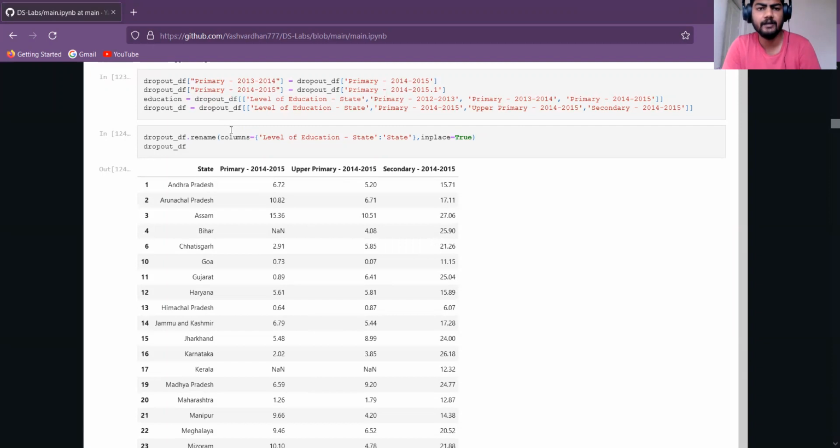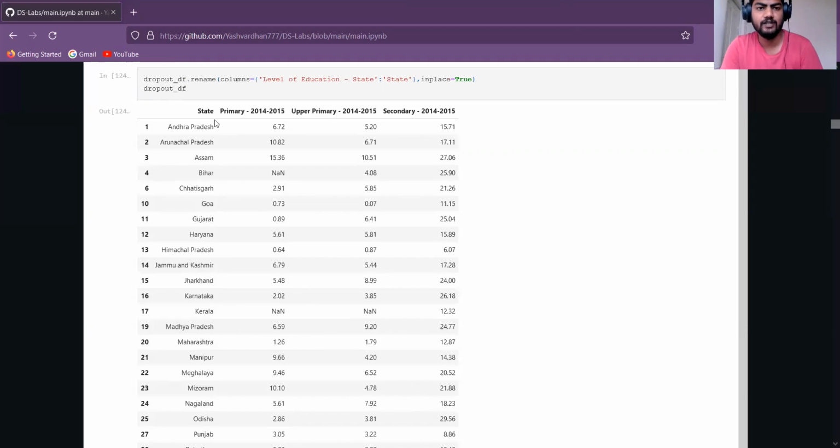And then, since the level of education column is there, we rename our level of education column to that of state, as shown on the screen.